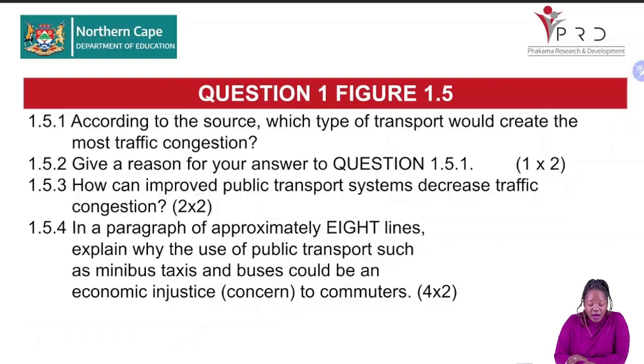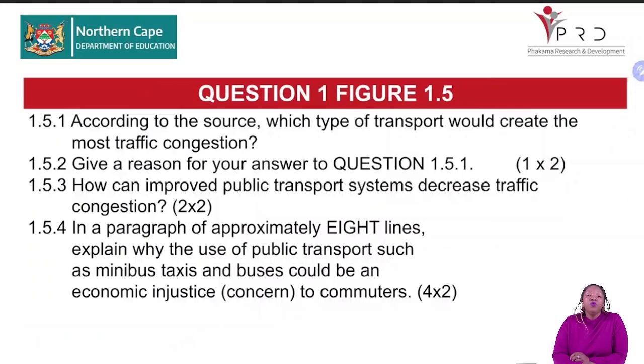Then in a paragraph question, remember we said along those 3 long questions, you will have one with a paragraph question. So a paragraph question, you explain why the use of public transport such as a minibus taxi and the buses could be economic injustice, which means it's a concern to the commuters.